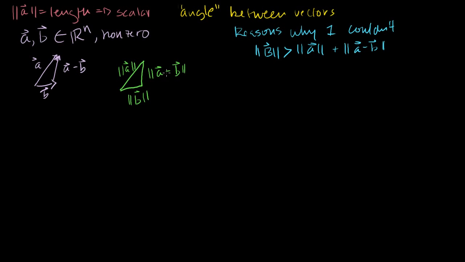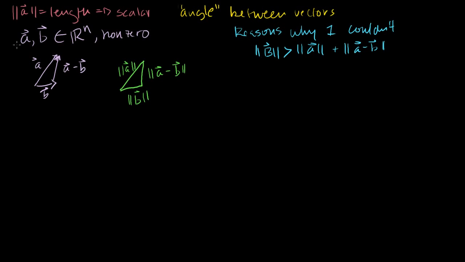And I could do it with all the sides. What if this length was larger than one of these 2 sides? Or what if that length was larger than one of those 2 sides? I could just never draw a 2-dimensional triangle that way. So what I'm going to do is use the vector triangle inequality to prove that each of these sides is less than or equal to the sum of the other sides.